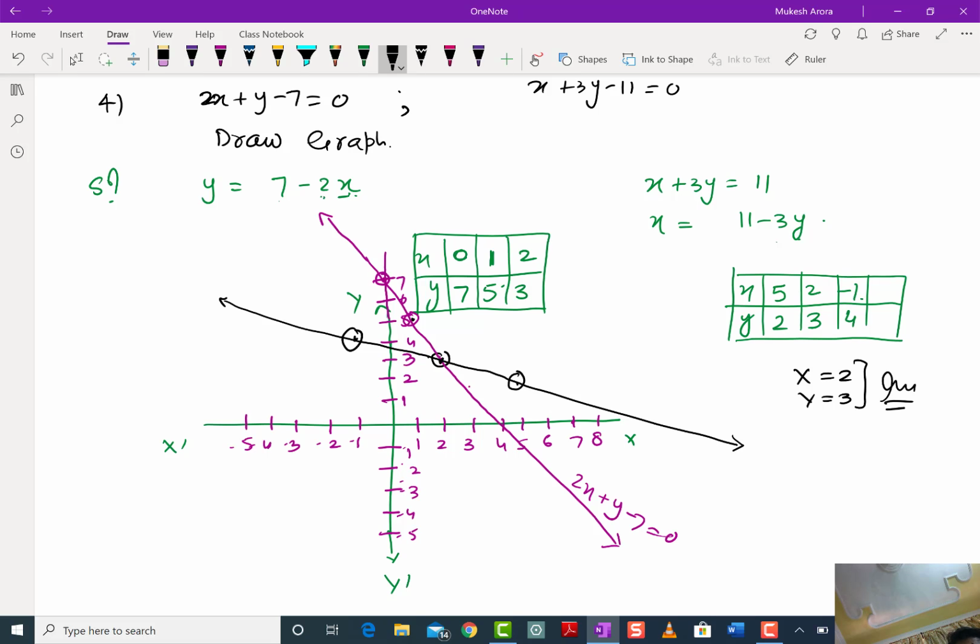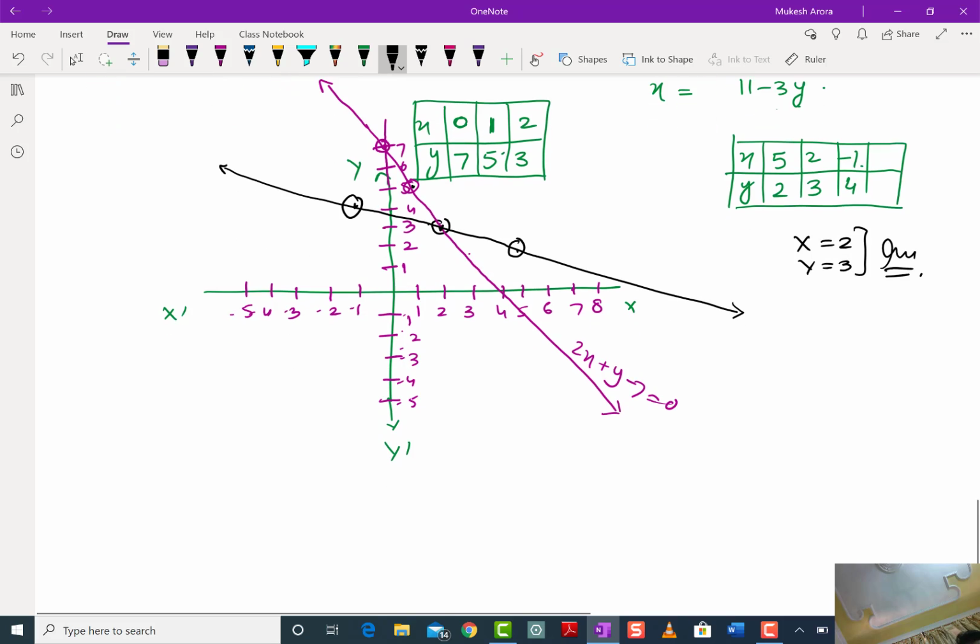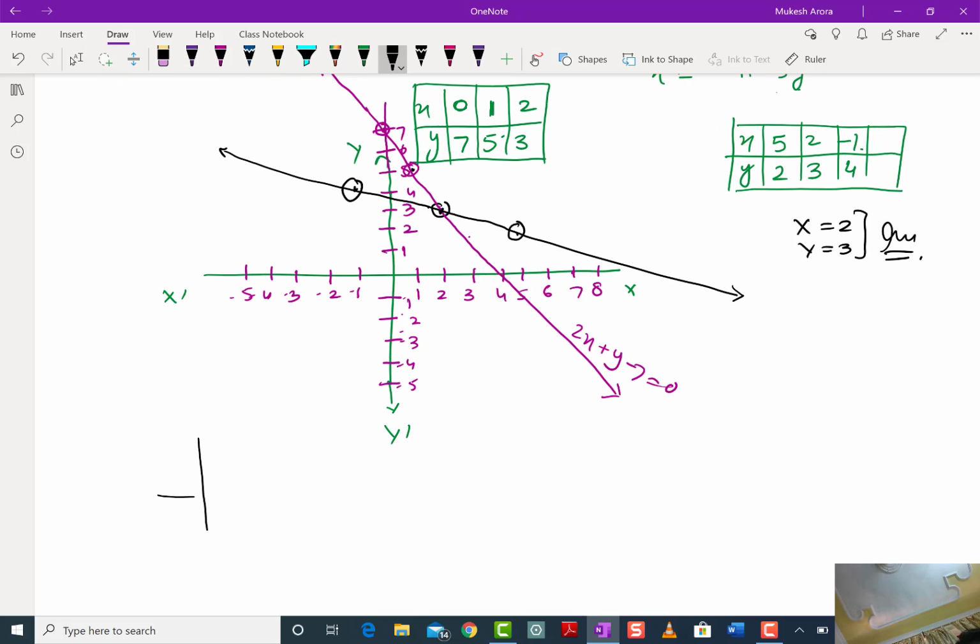Sometimes they ask to find where they are intersecting. When you have these two equations, the solution will be unique, meaning one solution. Solution means the value which will satisfy both the lines, right? Sometimes you get parallel lines, then there will be no solution.